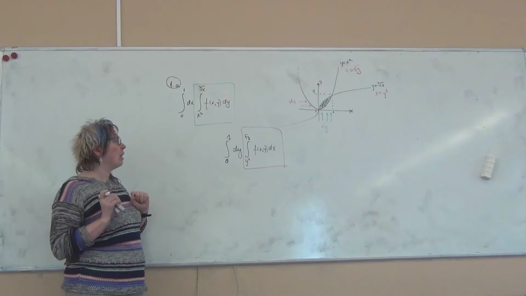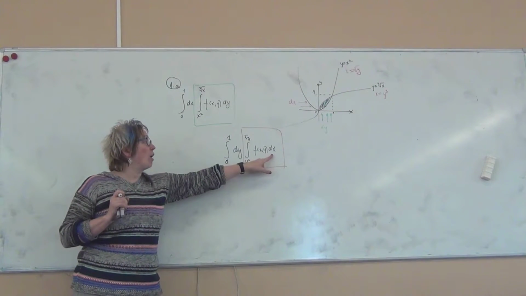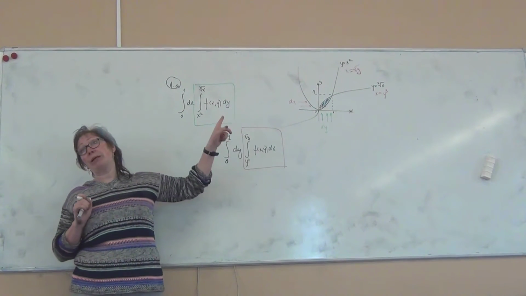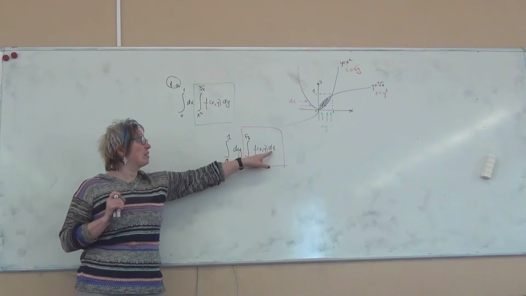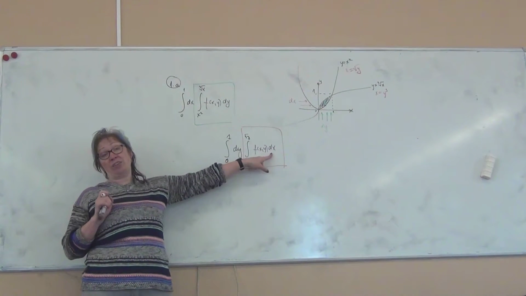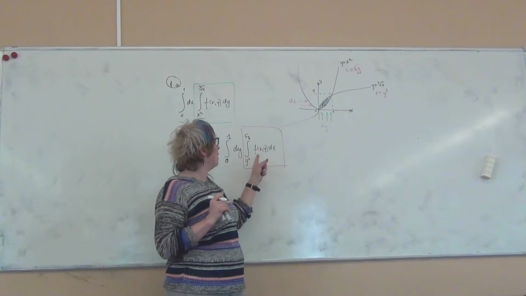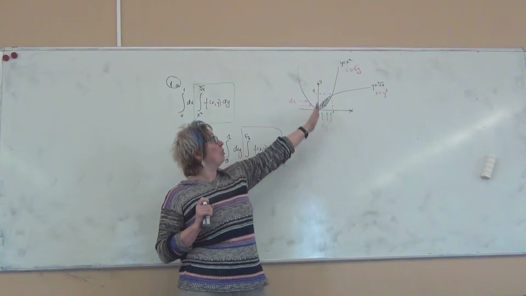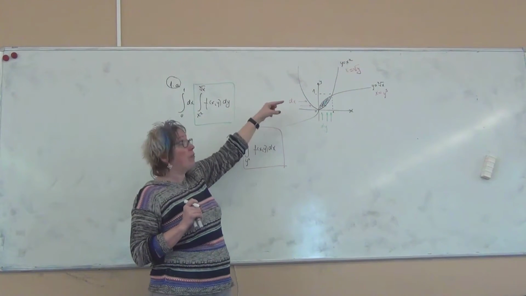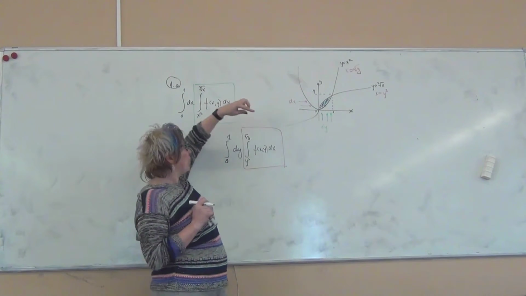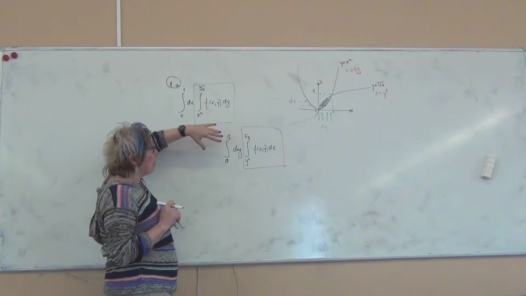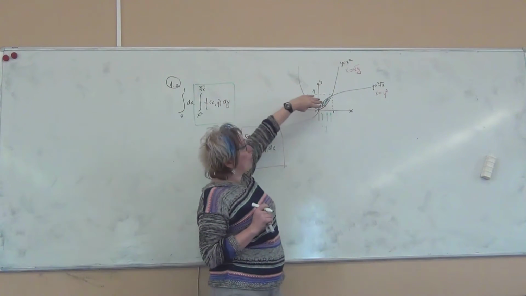And thirdly, if we integrate by this variable, we express the boundaries in terms of the other variable. This also determines the direction in which we go first. So the movement, in this case, was vertical along the y-axis. If we exchange the order, if we exchange the variables, then we have to go horizontally.